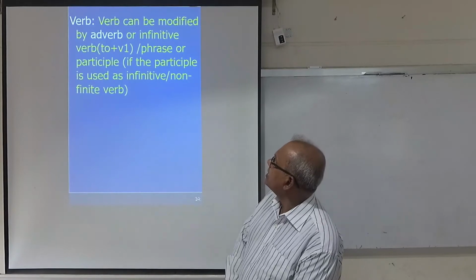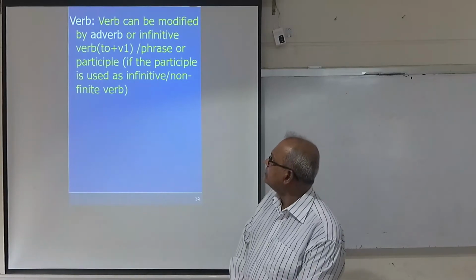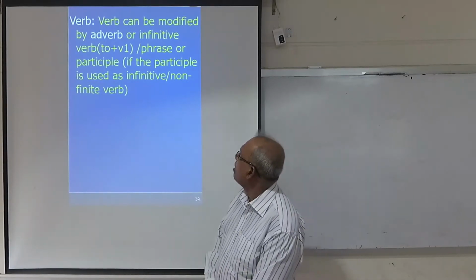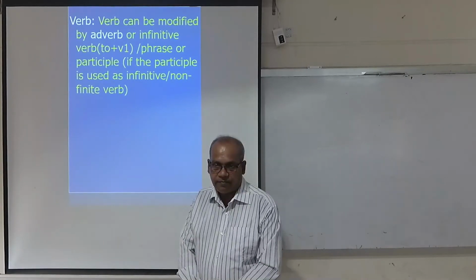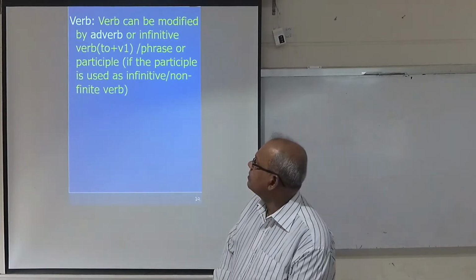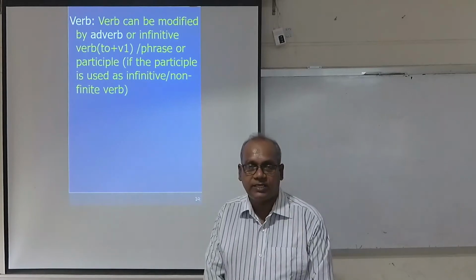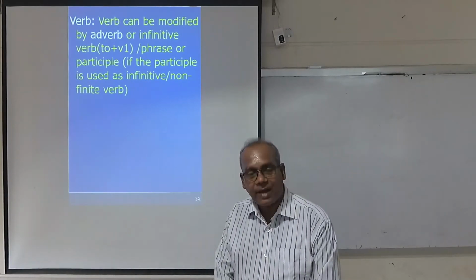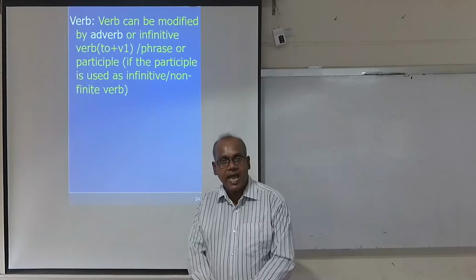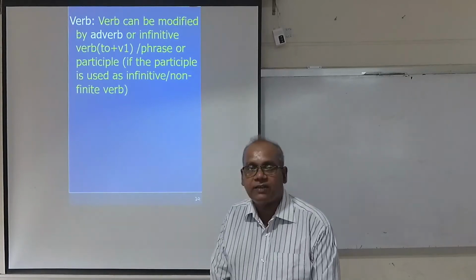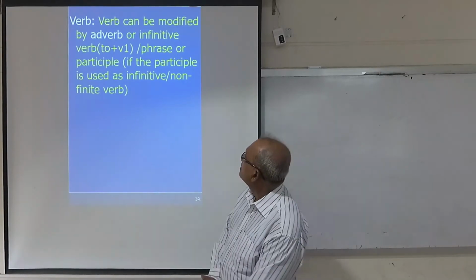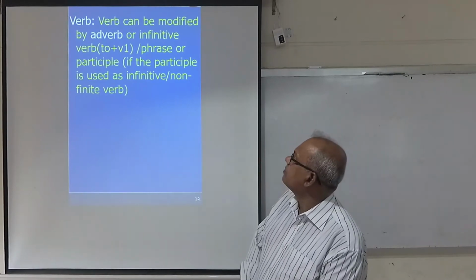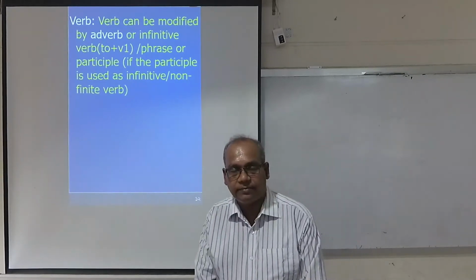Participle, in bracket, if the participle is used as infinitive or non-finite form. Participle has two activities. Number one, participle may be used as adjective, and another activity is used as infinitive or non-finite form.